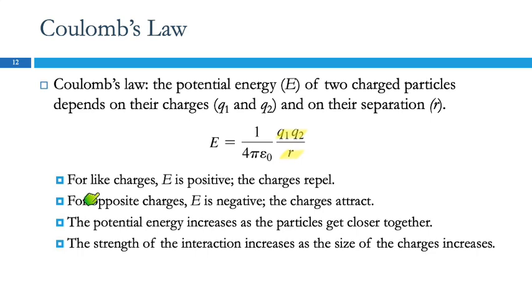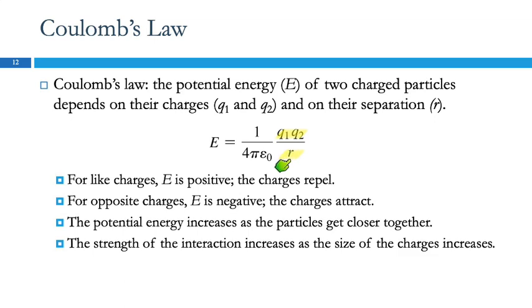So if we have like charges, if they're both positive charges, or both negative, this energy is going to be positive, meaning that the particles will repel each other. If the charges are opposite, this one's minus and that one's plus, then the energy's negative and the charges attract.